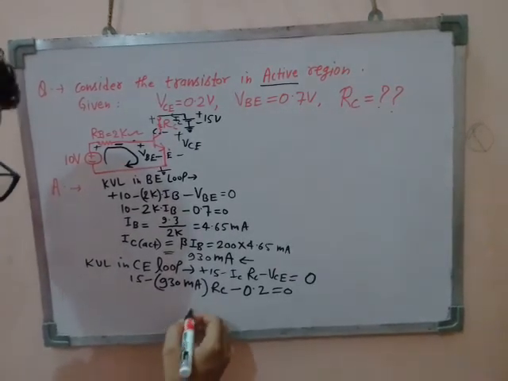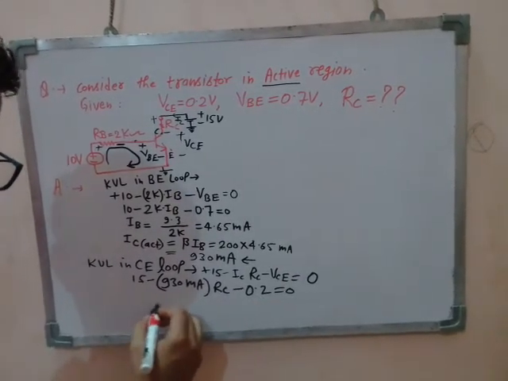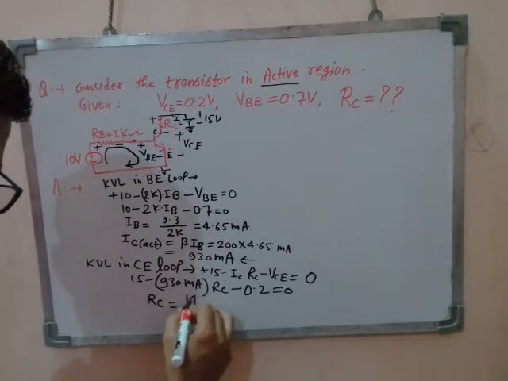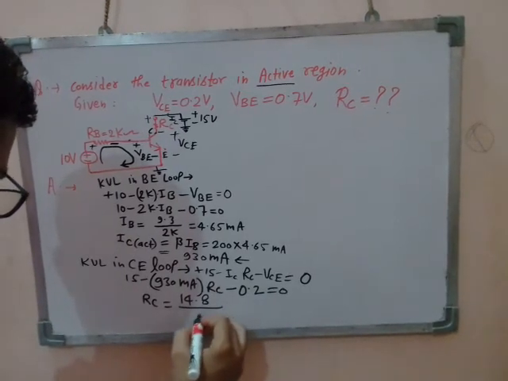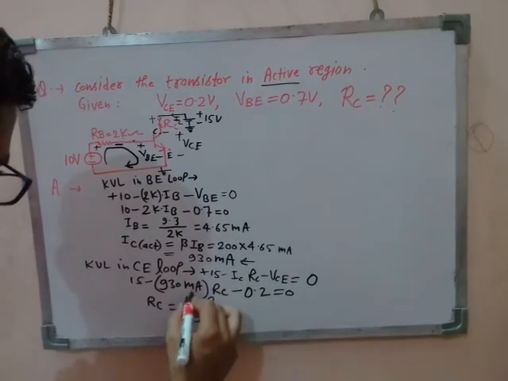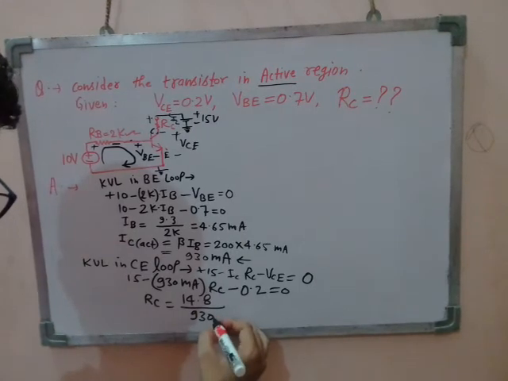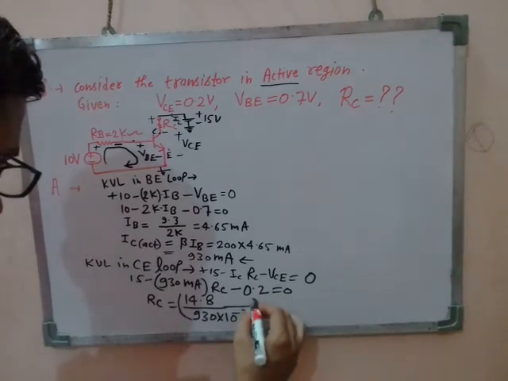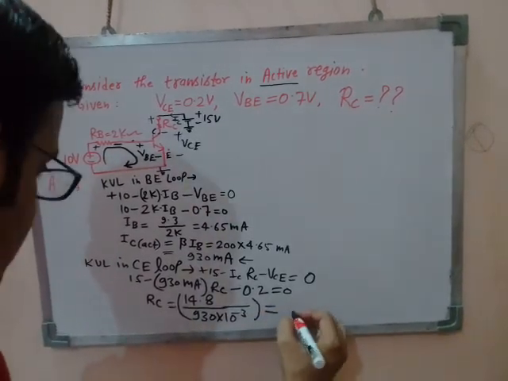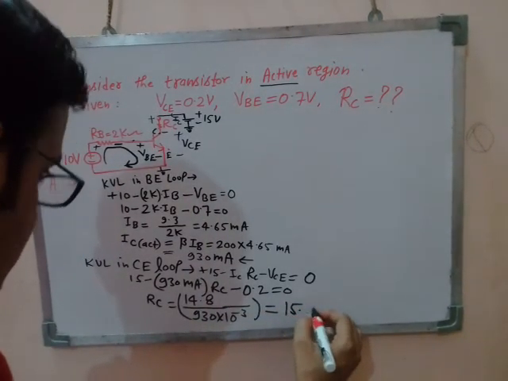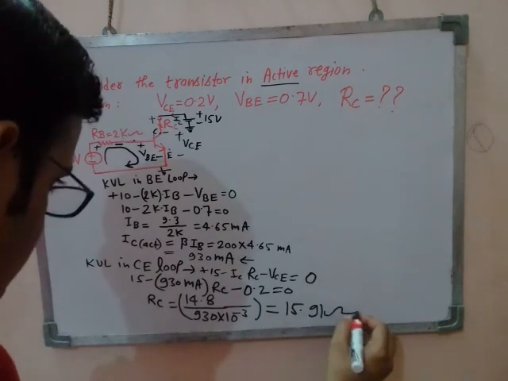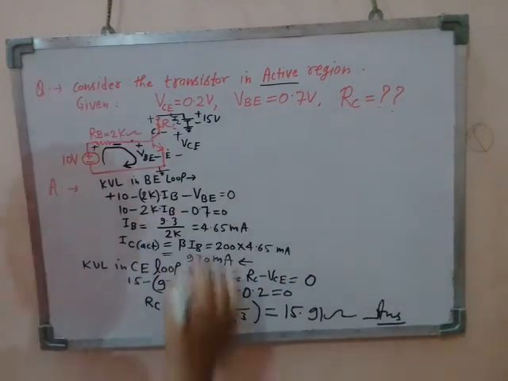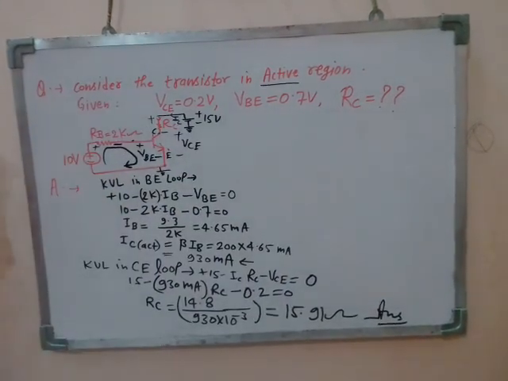From here you can solve. 15 minus 0.2 is 14.8. So the collector resistance RC is 14.8 divided by 930 milliampere. Milliampere means multiplying by 10 to the power minus 3. When you solve this you will get 15.91 ohms. That is the answer. So like this you can solve for the collector resistance RC.